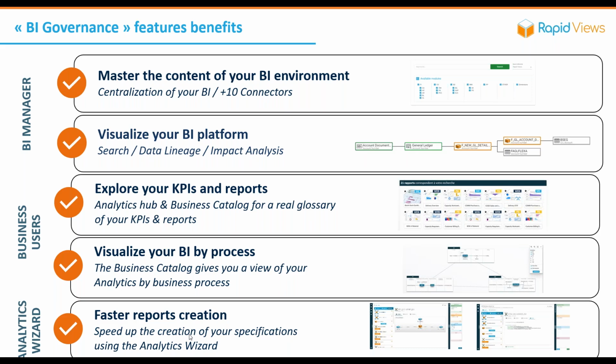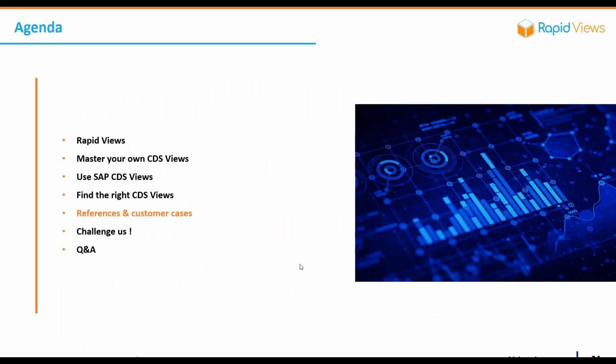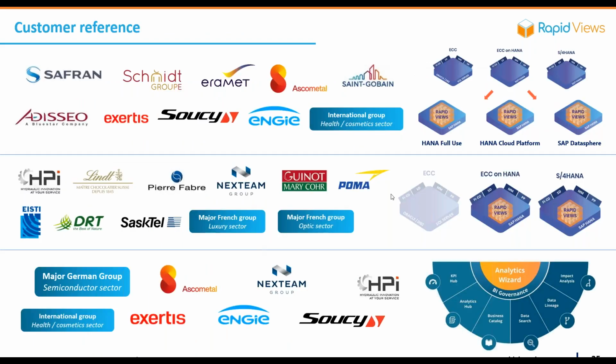So again, as you can see, our goal is really to help you accelerate any analytics project. Number one, thanks to our business content, and number two, thanks to this platform that centralizes all the metadata components of your analytics project.